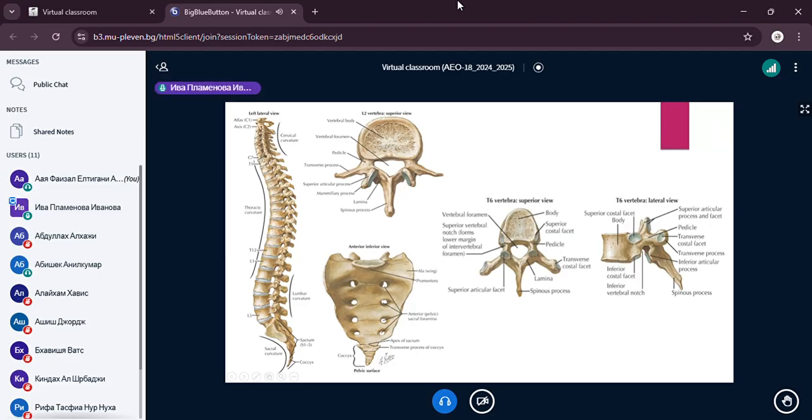You can also see the articular processes here of the lumbar vertebrae. That's the superior articular process, for example, of L2. That's the inferior, actually, the inferior articular process of L2. That's the superior of L3, and they are connected.